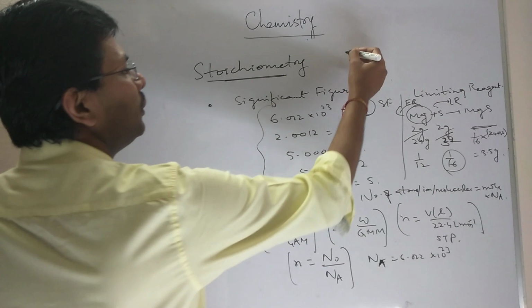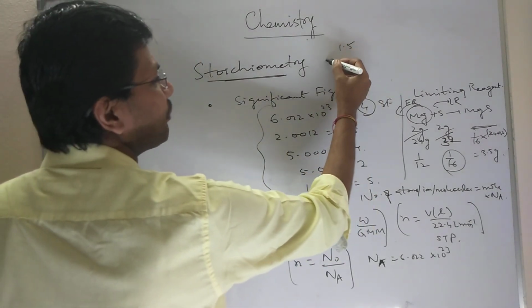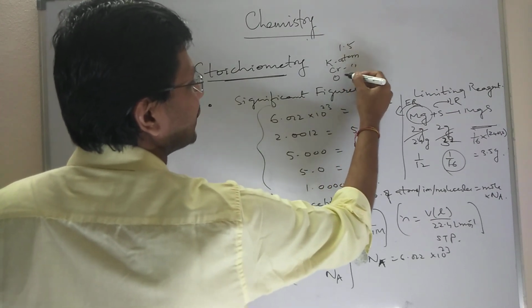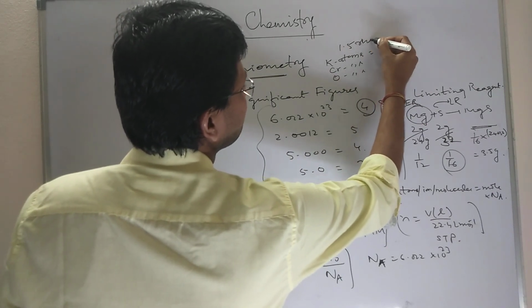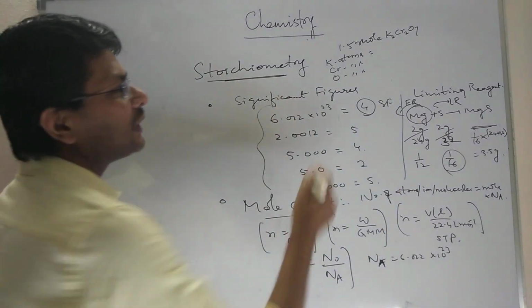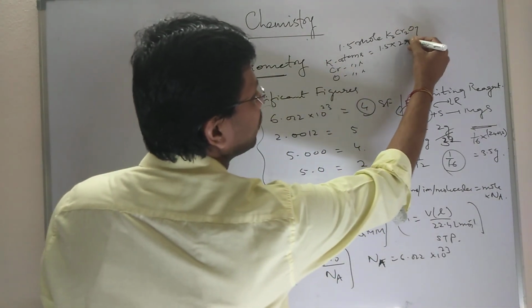Suppose they are giving you: find number of particles, number of potassium atoms, chromium atoms and oxygen atoms in 1.5 mole of potassium dichromate. So if they ask you like this, then potassium atom will be 1.5 into 2, because atomicity of potassium here is 2, into Avogadro number.